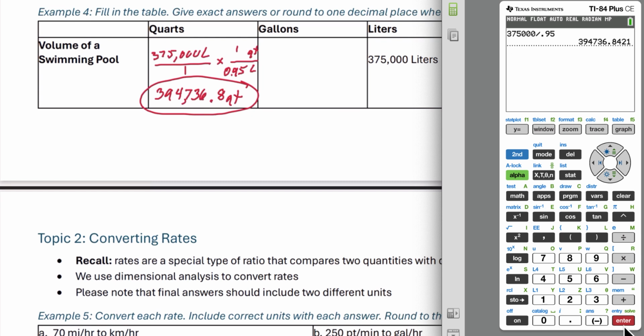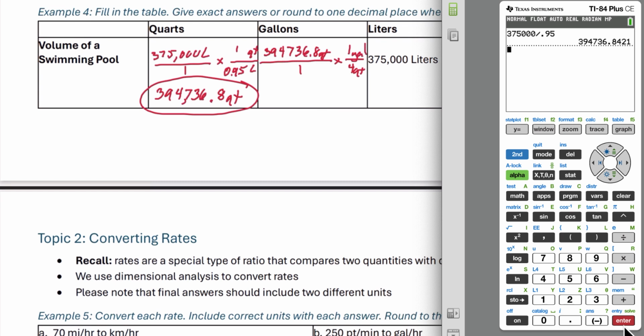And now let's convert to gallons. We'll take that number and convert it to gallons. We know that there are 4 quarts in 1 gallon.